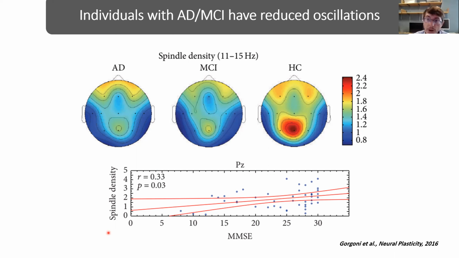The more cognitive dysfunction, the fewer spindles. Other groups have found this relationship between cognition and spindle density throughout the age span. Okay, so we have that relationship set up in at least one set of neurodegenerative diseases.